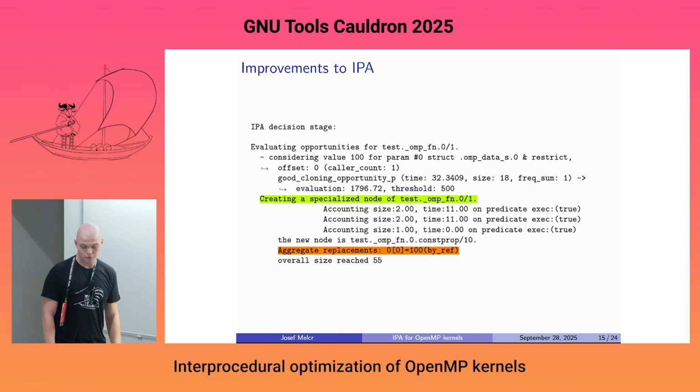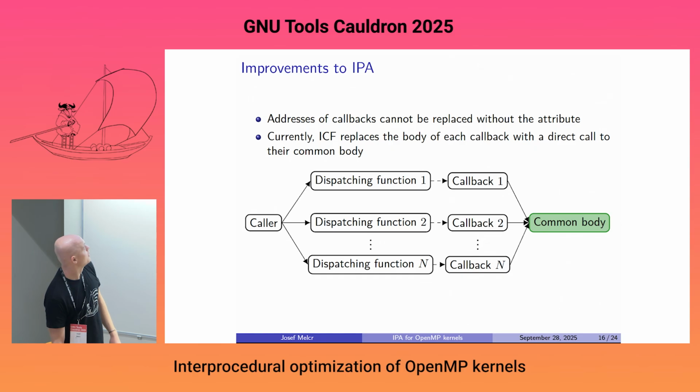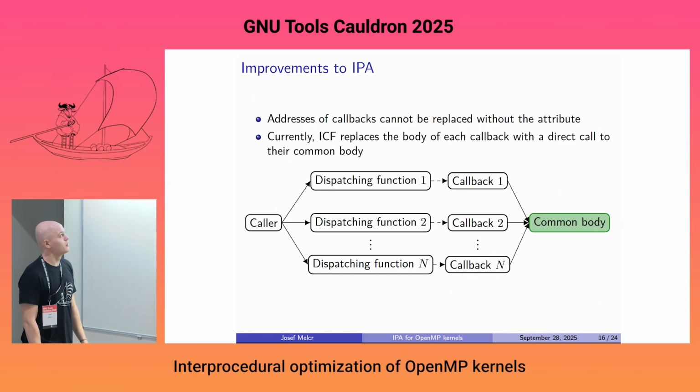But that's not all. We do have some improvements to ICF. So originally, when you perform ICF on the kernels, what happens is that a single unified body is created, and the body of each callback is replaced with a direct call to this unified body.